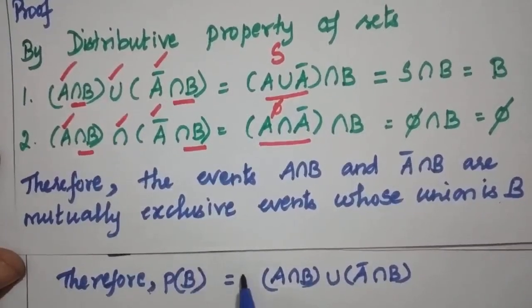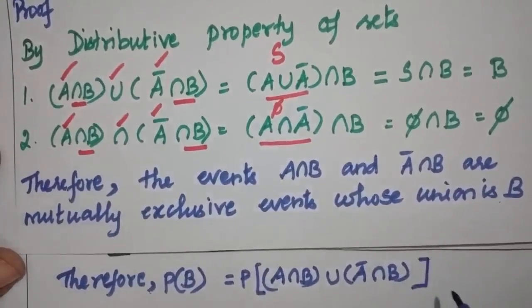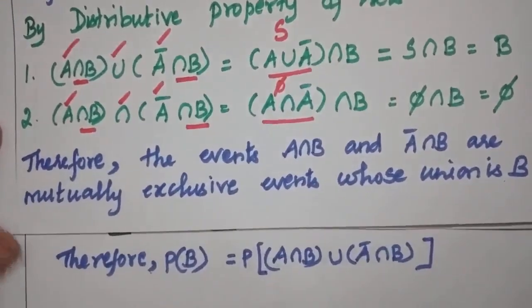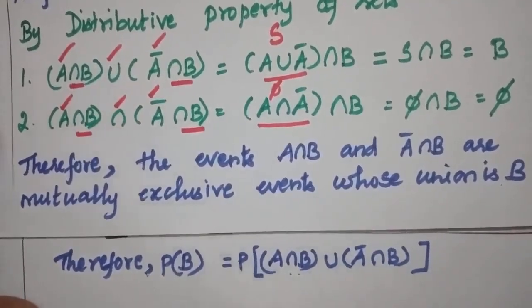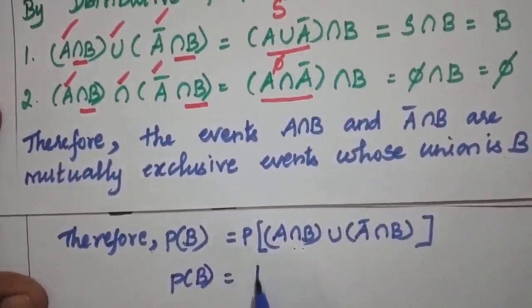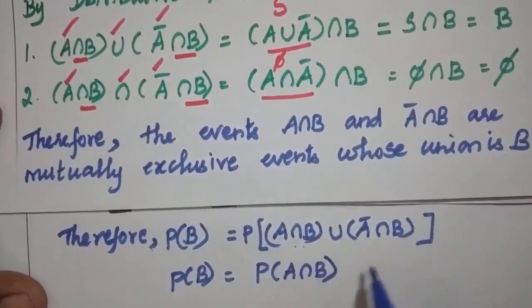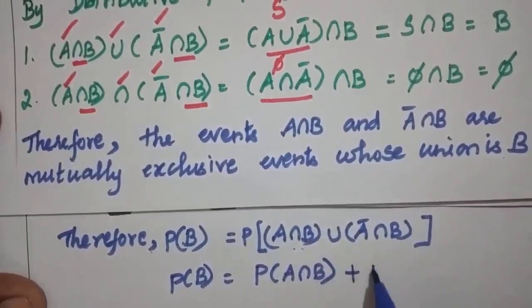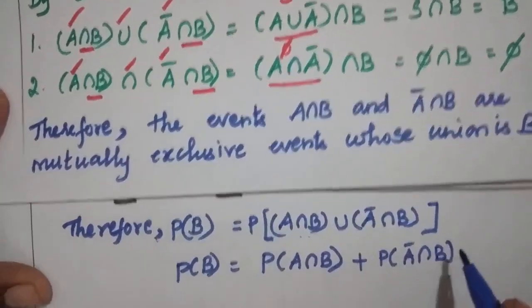So P of B is equal to P of A intersection B union A dash intersection B. These two are mutually exclusive events. So its probability value is equal to sum of individual probability of the events, which is P of A intersection B plus P of A dash intersection B.